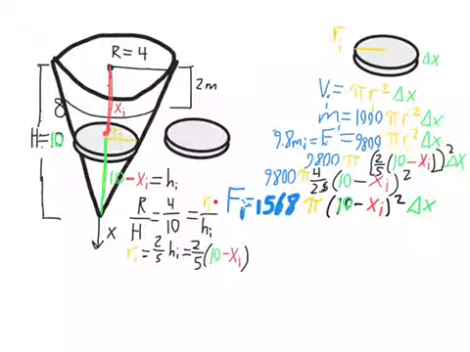And so we found the radius of the disk, which is the most important because the radius is changing as we're moving from top down to bottom, radius or radii of each disk.